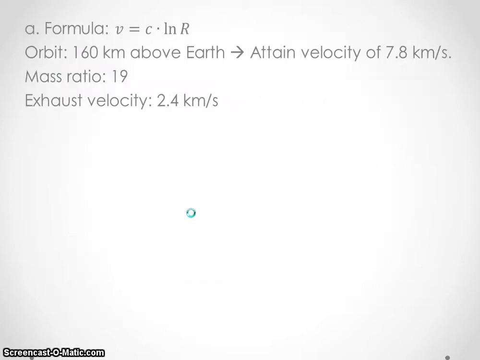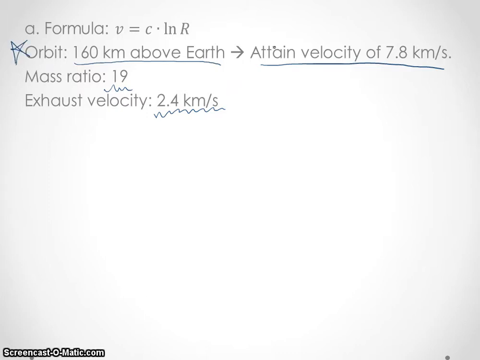Okay, so our formula is V equals C times the natural log of R. Our orbit is 160 kilometers above Earth, and we must attain a velocity of 7.8 kilometers per second. And our mass ratio was 19, and our exhaust velocity is 2.4 kilometers per second. We've got a lot of numbers going on here, but the orbit is just something we're trying to sustain.